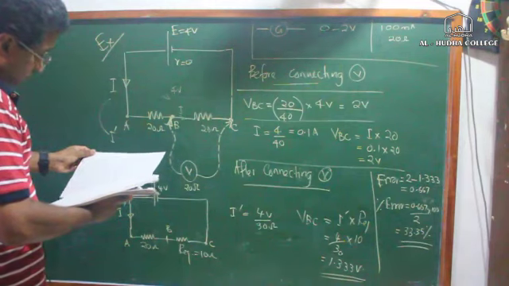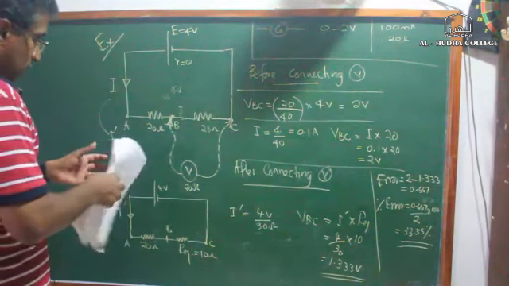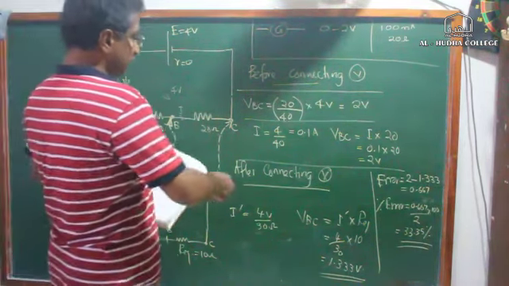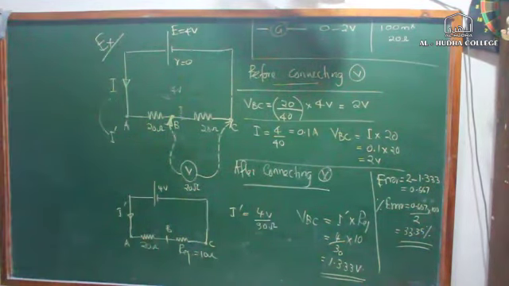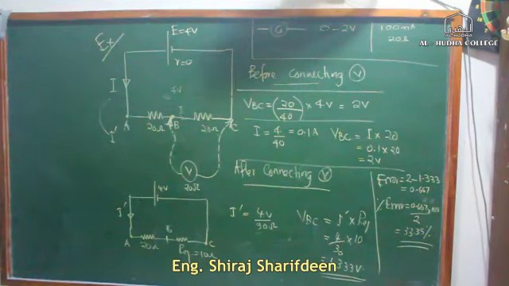I will take a few cases and use the same voltmeter. We know the error percentage is 33% here, and we will see what happens when the circuit condition changes.